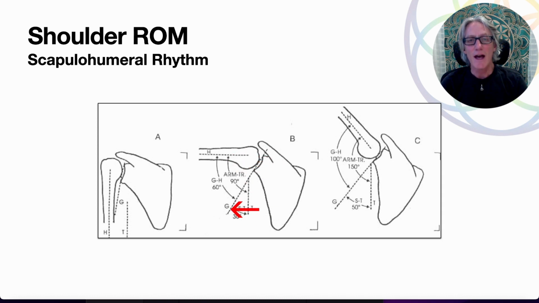Then after that, for every 2 degrees of arm abduction, we need a degree of scapular rotation, all the way up till the arm gets to 180 degrees. So often that is not happening in people. So their scapulae are not rotating properly.